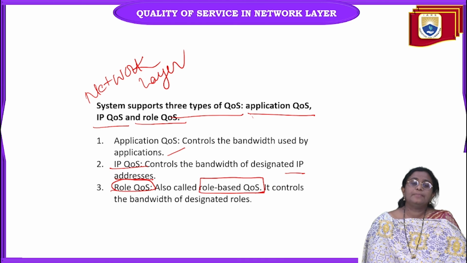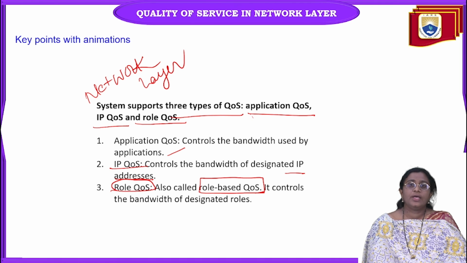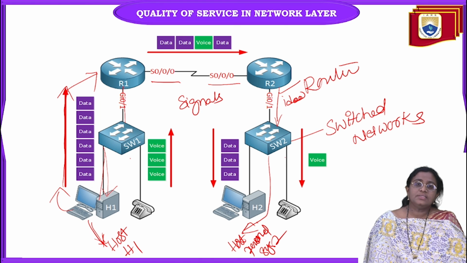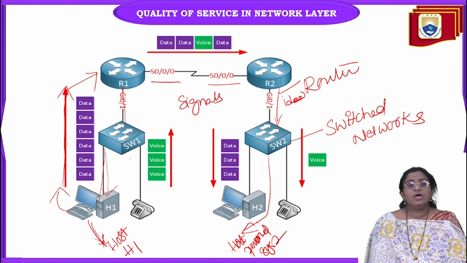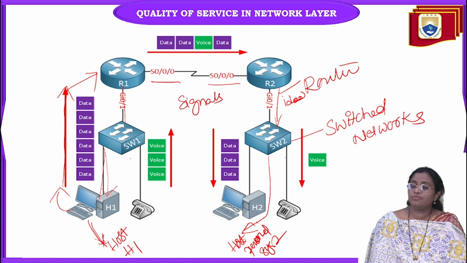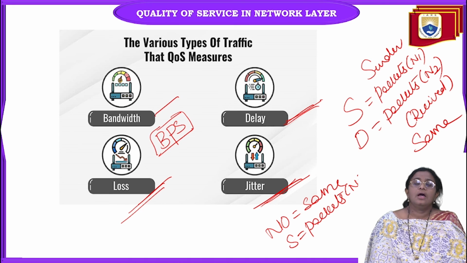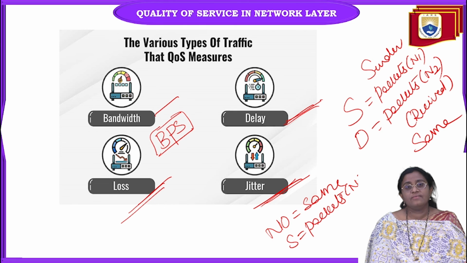What are the three types of QoS that should be supported by a network system: application QoS, IP QoS, and role-based QoS. For example, how voice signals are transmitted from one system to another, from one network to another, from one router to another through the concerned host, and what are the various types of traffic and QoS measures like bandwidth, delay, loss, and jitter.